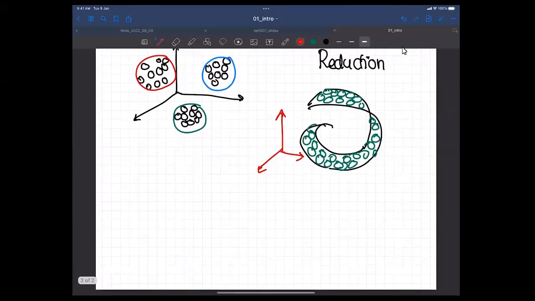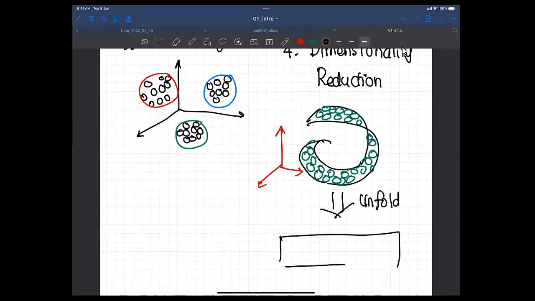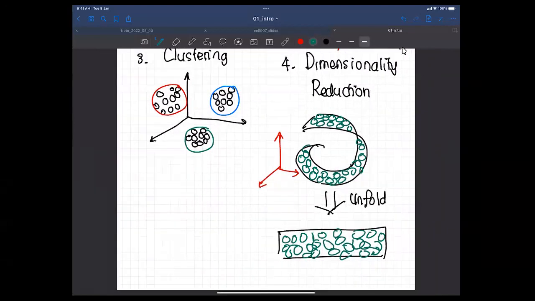It means that actually you can unfold this, unfold it into something like this. So this is called dimensionality reduction. The actual dimension of your data is much smaller than the dimensionality of your data itself.